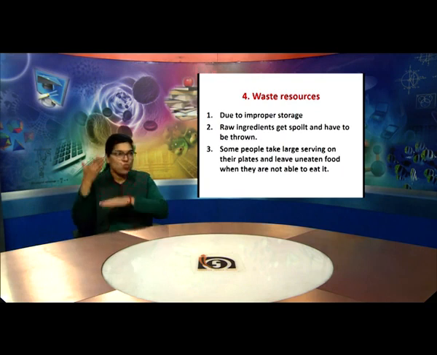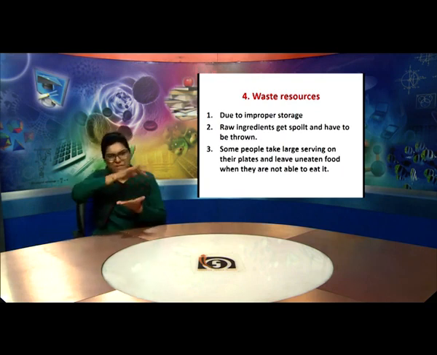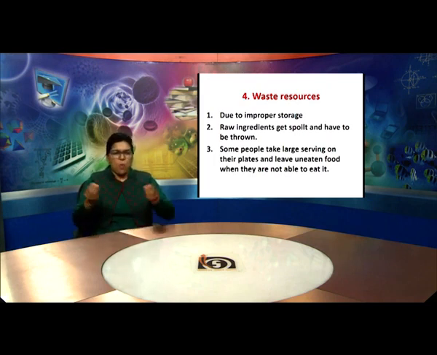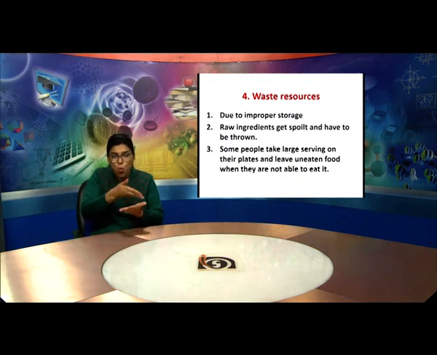The third point explains that some people take large servings on their plates and they leave all that food uneaten when they are not able to eat it. So all that food gets wasted.